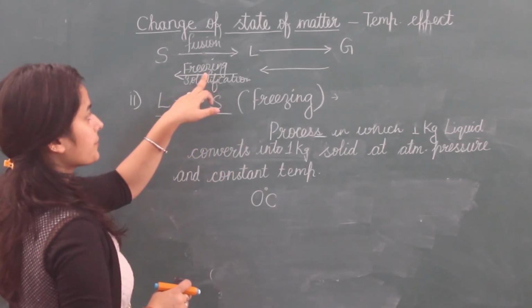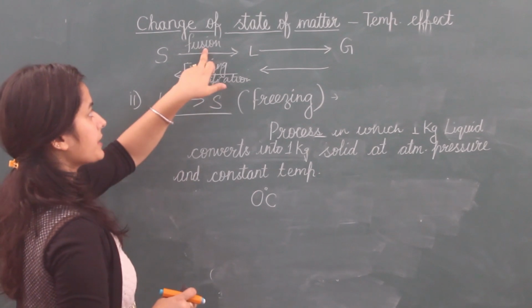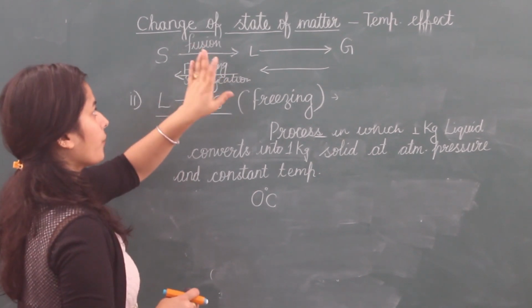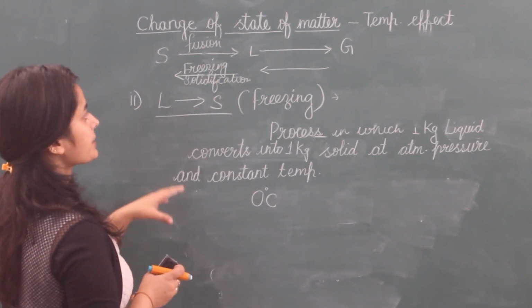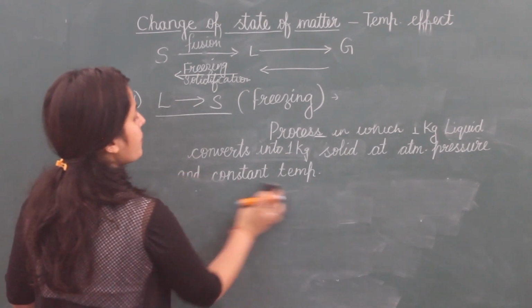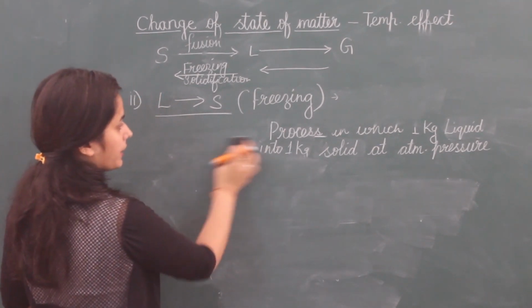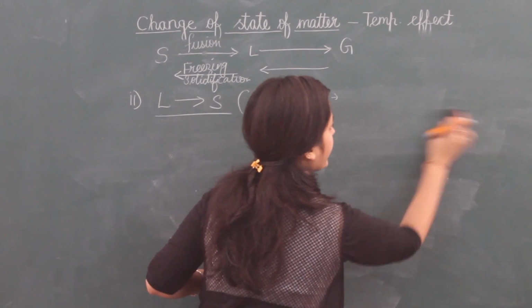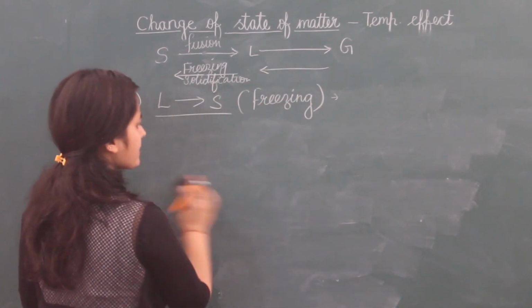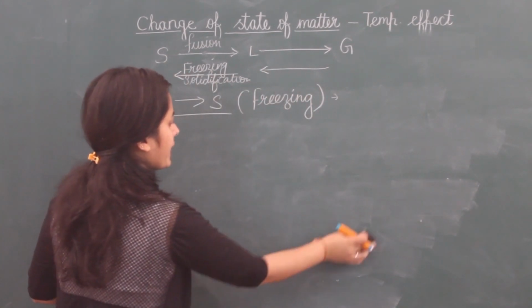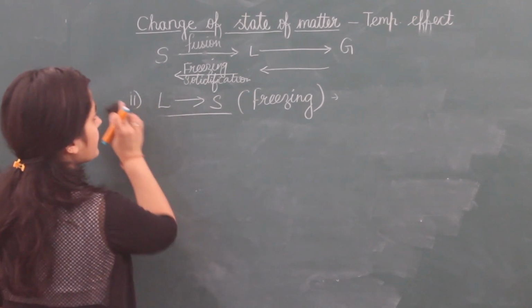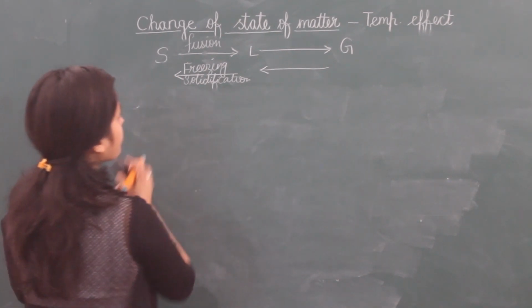So fusion is the reverse of freezing, or freezing is the reverse of fusion. Both occur at the same temperature, that is the melting point of that solid or the freezing point of that solid. It is just a reverse process. When we are changing conditions, what are we doing here?